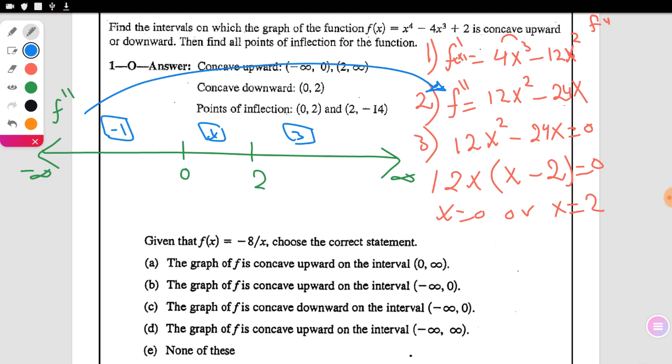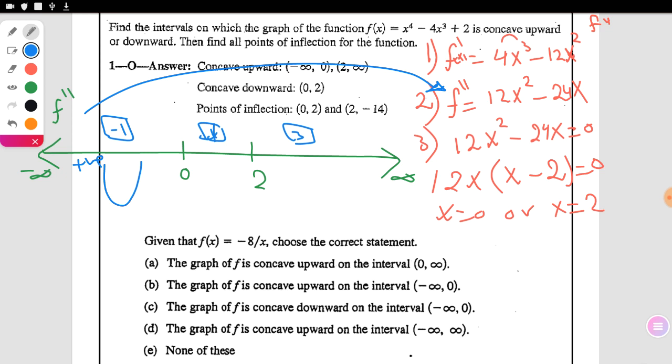Okay, I choose -1. It will be positive. The second derivative positive, sorry, not increasing. I'm talking about concavity. Positive second derivative means concave upward.